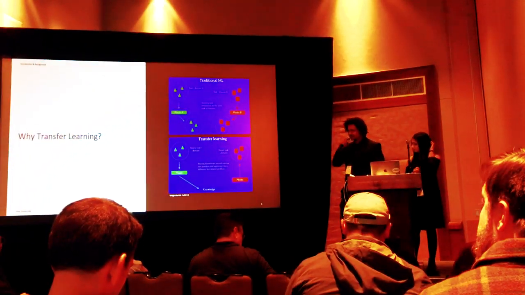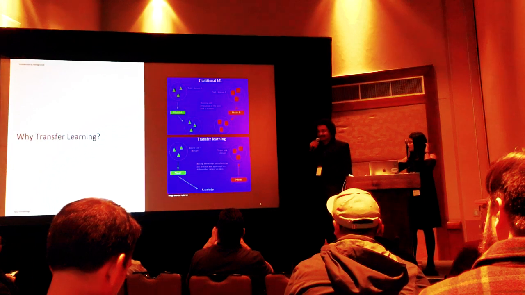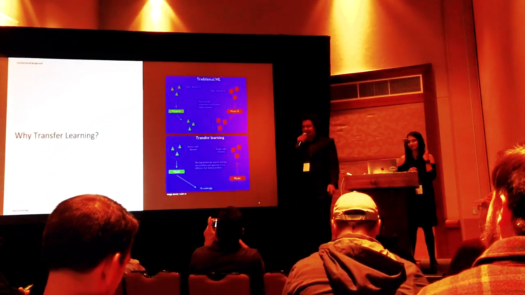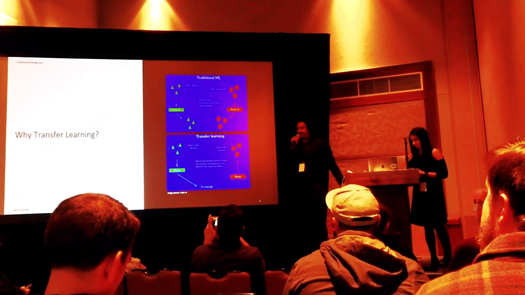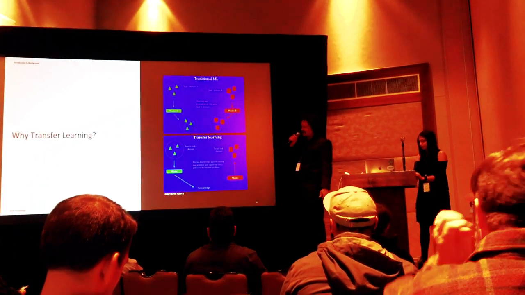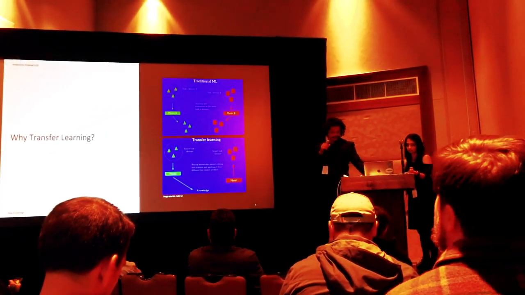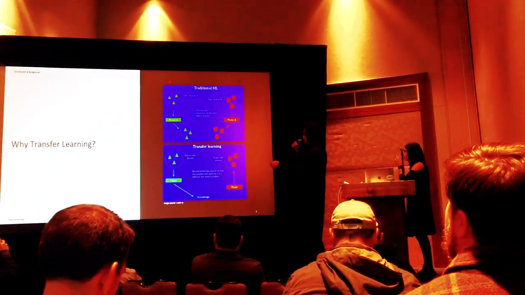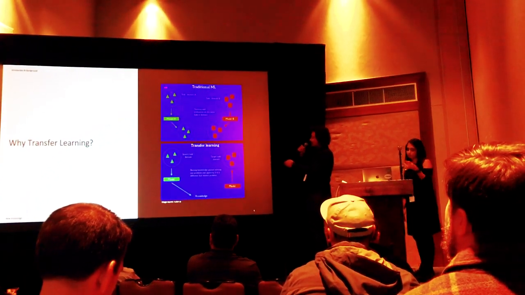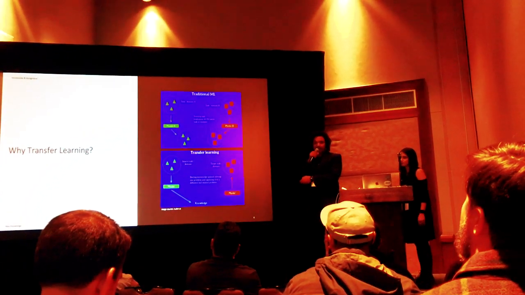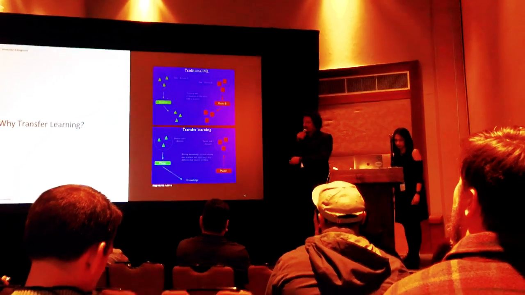So why transfer learning? And I may be beating a dead horse a little bit at this stage. You have heard a number of excellent talks on this. So the idea is that you can train a model in one space where you have a lot of labeled data readily available.